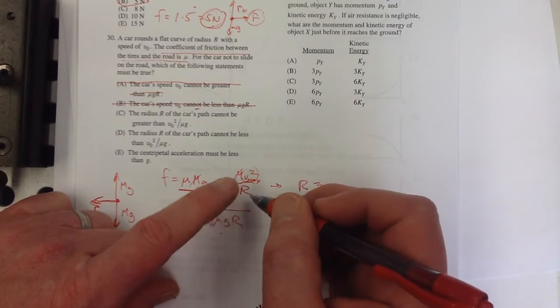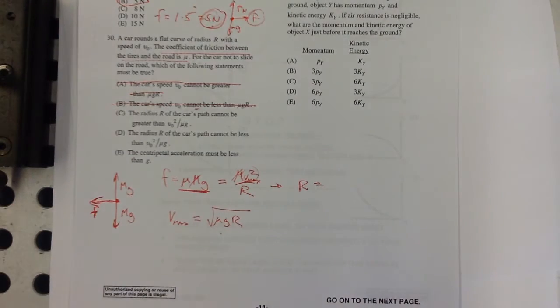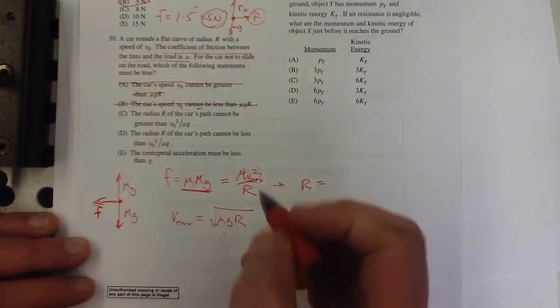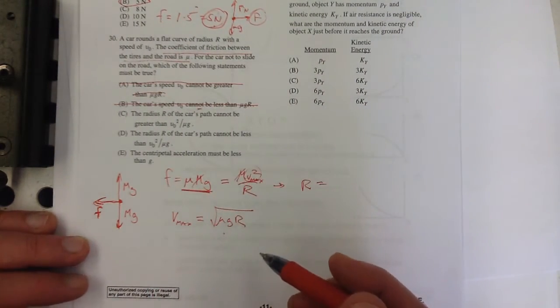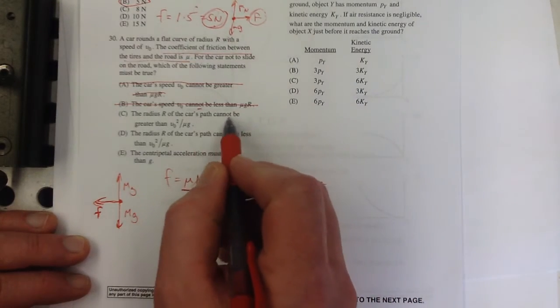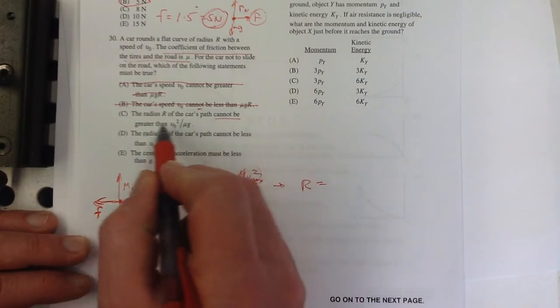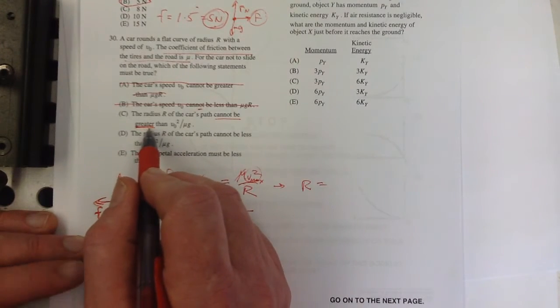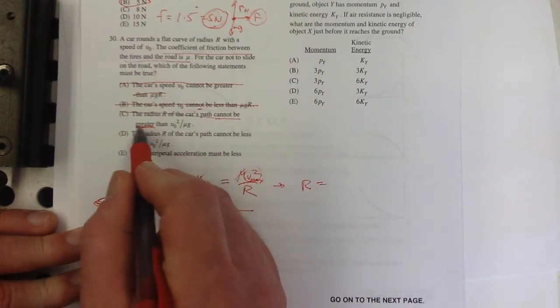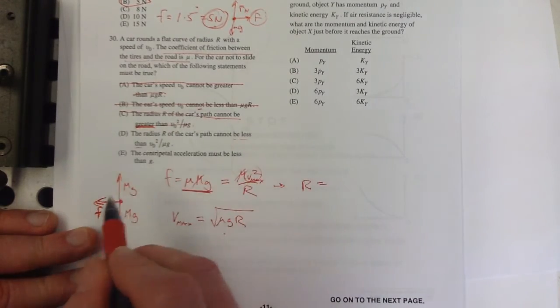If we're going to mess with the radius, making the curve have a smaller radius is going to make it more dangerous, basically, right? So for the car not to slide off the road, making the radius smaller is more dangerous. So the radius being bigger cannot be greater than. You could make the radius 1,000,000, and then basically it's a straight road, so there's no problem. So radius being less than is an issue.